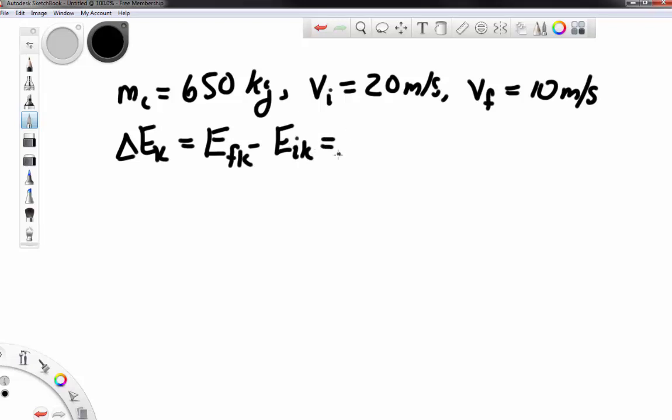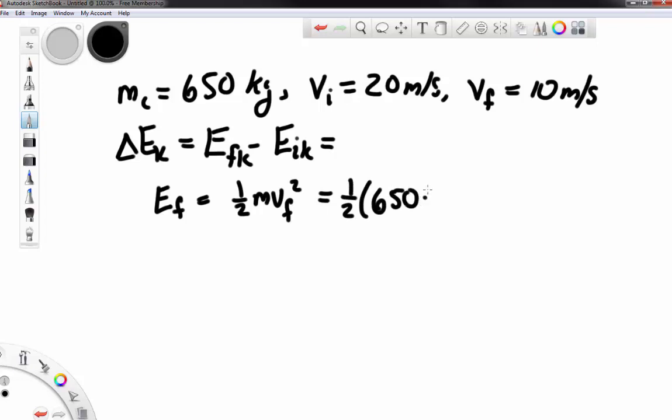Okay, so the final kinetic energy is going to be given by 1/2 m v final squared. So that's 1/2 times 650 kilograms. That's the mass, times the final speed, which was 10.